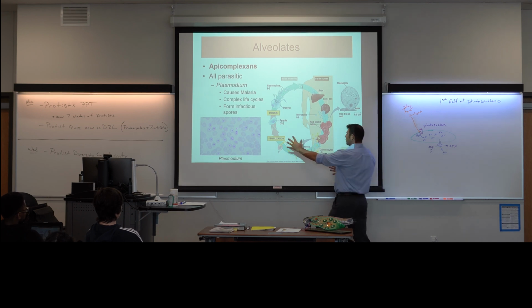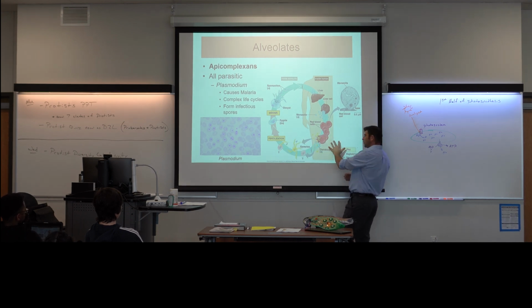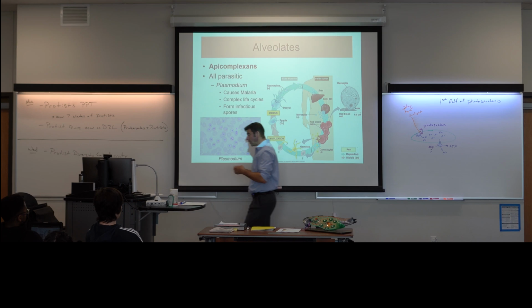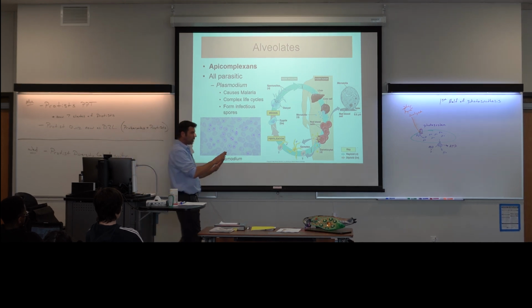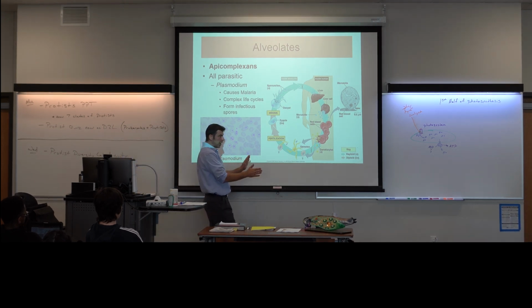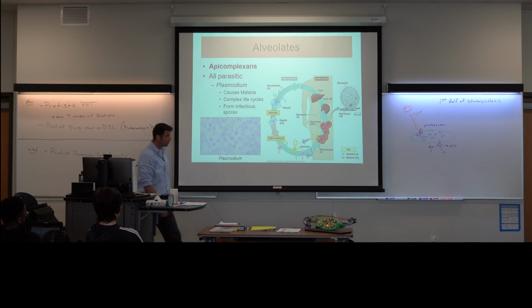So they alternate between open circulatory and closed circulatory system. We'll see several examples of that when we get into these apicomplexans. So don't think that this Plasmodium is the only example, but it is our first example in which we see complex life cycles that involved open circulatory systems followed by closed circulatory systems.